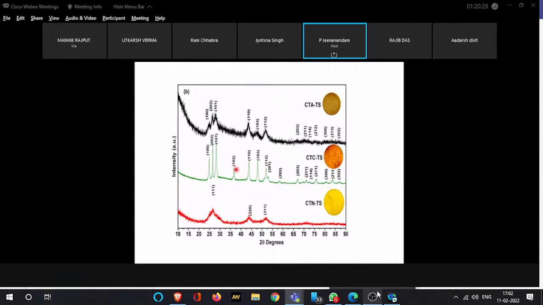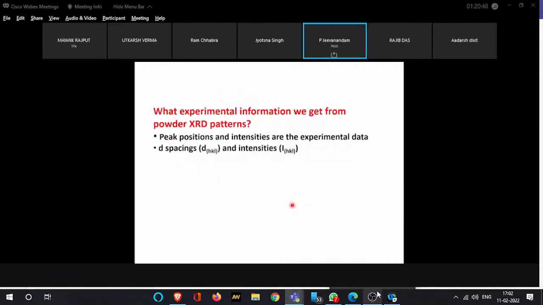And each peak is represented by a particular set of integers. We call it Miller indices, or the HKL plane. But I will show you how Miller indices are represented in the next class, because I was assuming you know it, but it's okay.